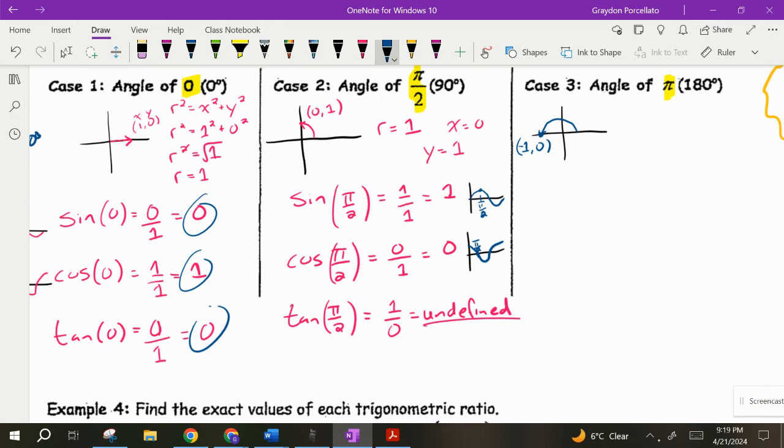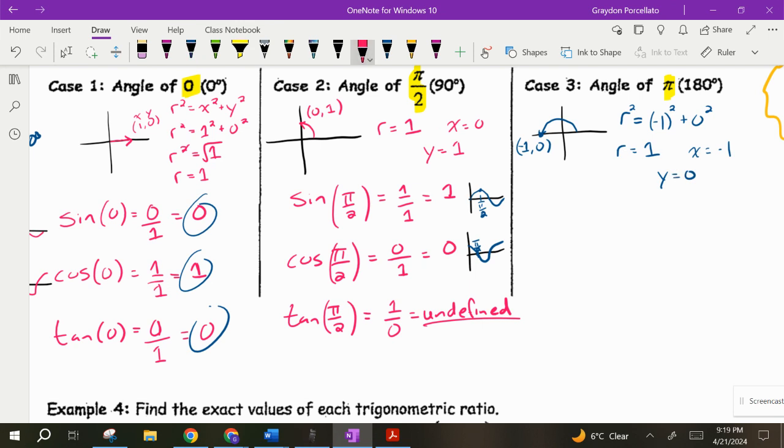Okay, so that would make my r value, if I did this the same way, r squared equals -1 squared plus 0 squared. What you're going to find is you get r equal to 1. So we know our x is -1, our y is 0, and our r is 1.